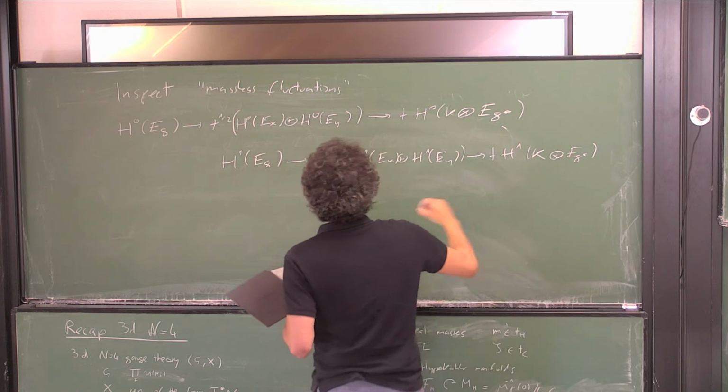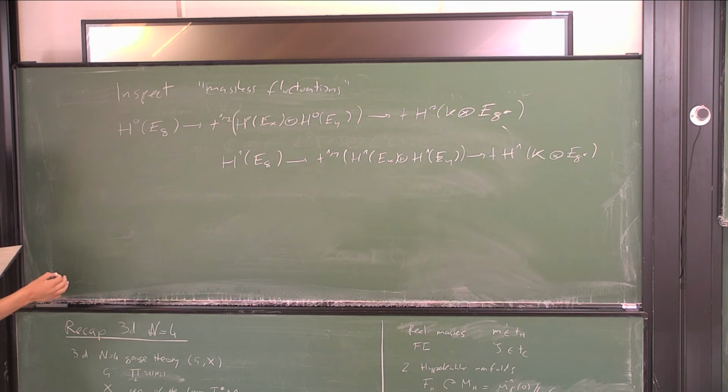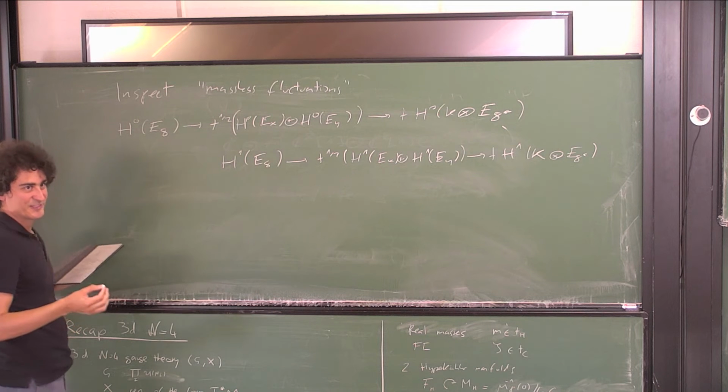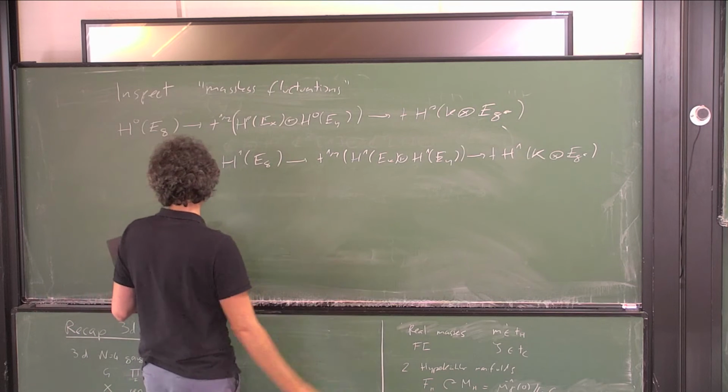So you look at what in physics are called the massless fluctuations around a solution. You do this by inspecting what are called the Yukawa couplings, and you recover a complex like this.